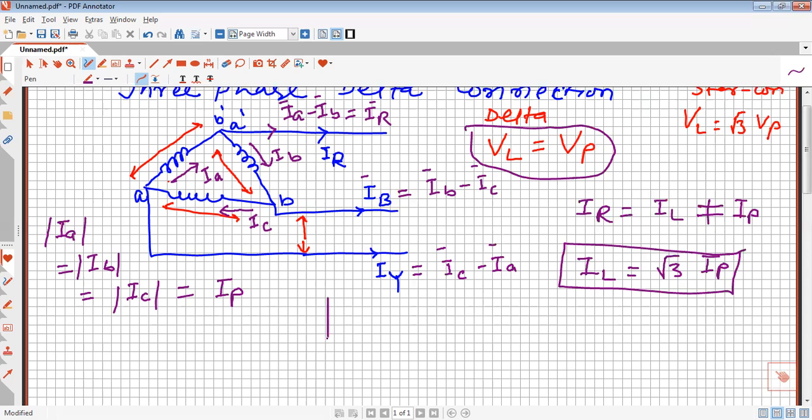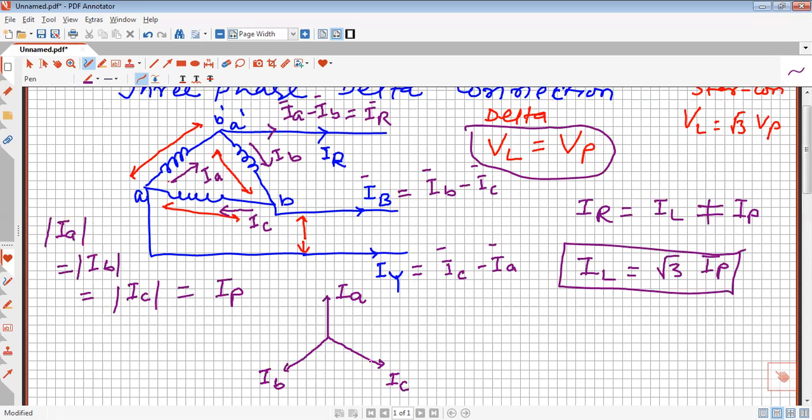I am just drawing these currents in phasor notation, and all three currents are displaced by 120 degrees. This is IA, then IB and IC. If I write IA, IB and IC like this, the phase sequence will be A, B, C.